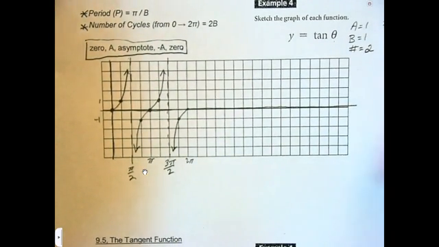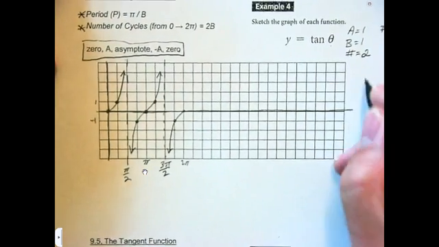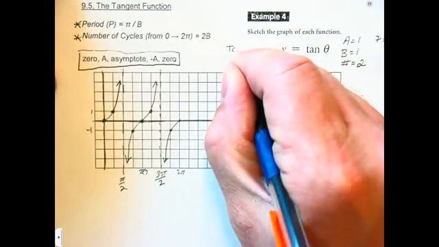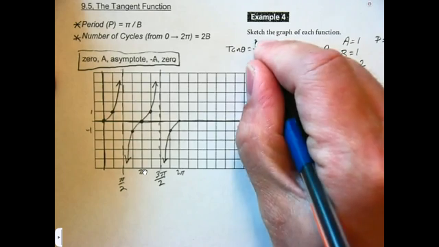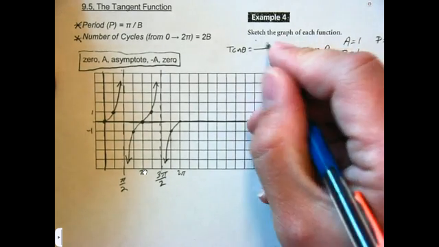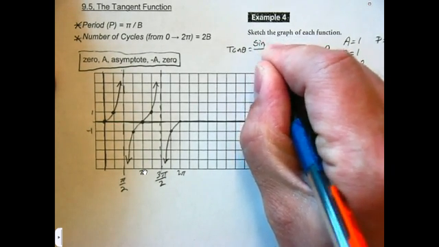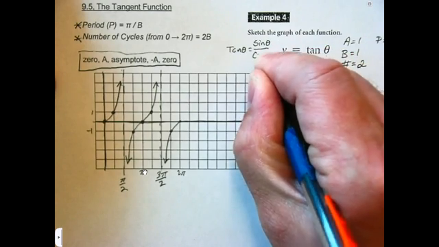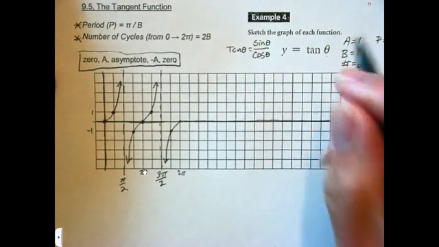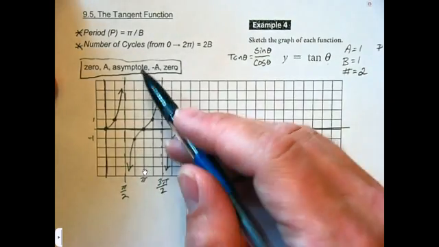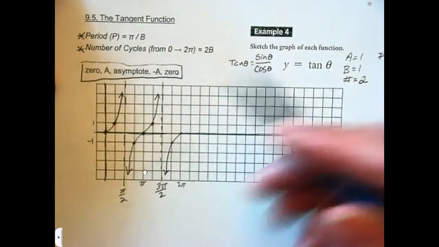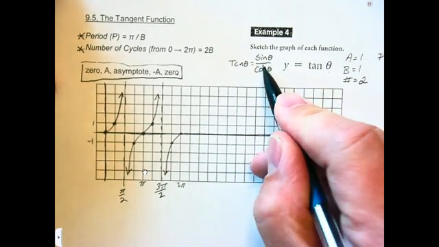Now, what makes this graph different, there are asymptotes there. Remember tangent? Tangent means what over what? Opposite over adjacent, or in the unit circle, sine theta over cos theta. When we're dealing in math, an asymptote graphically is when you have an undefined value in your fraction.